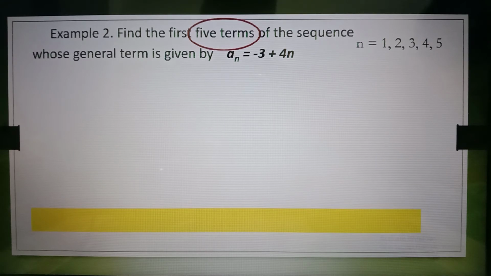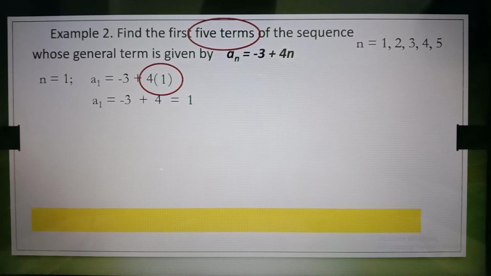So, when n is equal to 1, we have a sub 1 equals negative 3 plus 4 times 1. Then 4 times 1, ang una nating i-multiply is equal to 4, then copy. Then combine, negative 3 plus 4 will give you 1. Therefore, 1 is our first term.